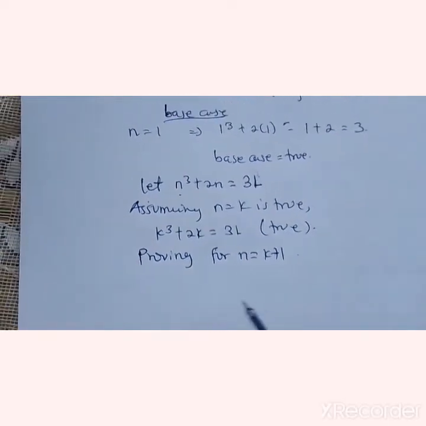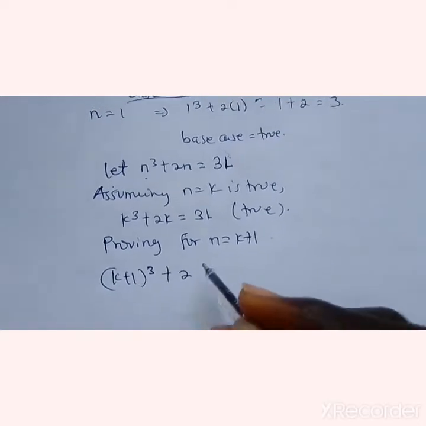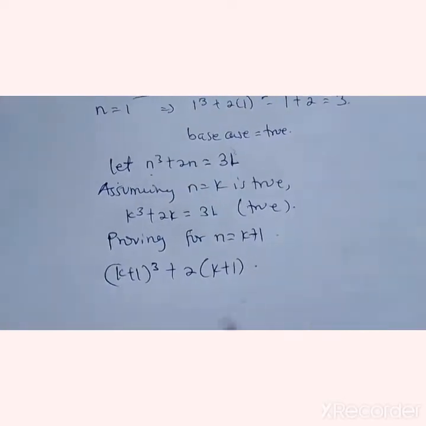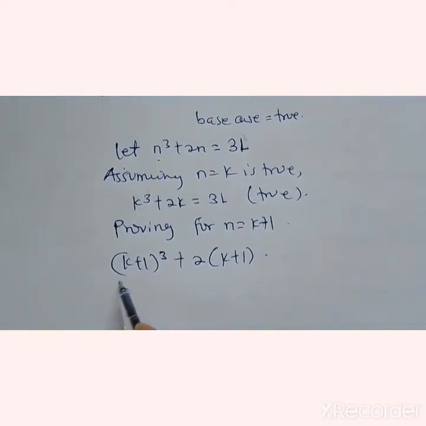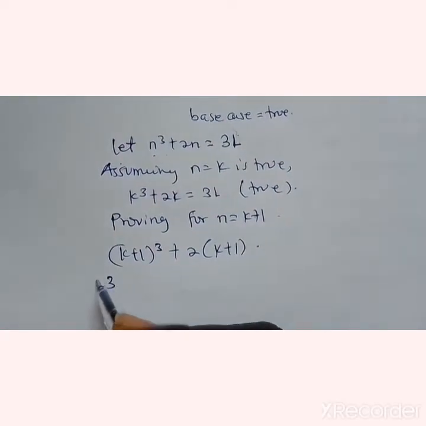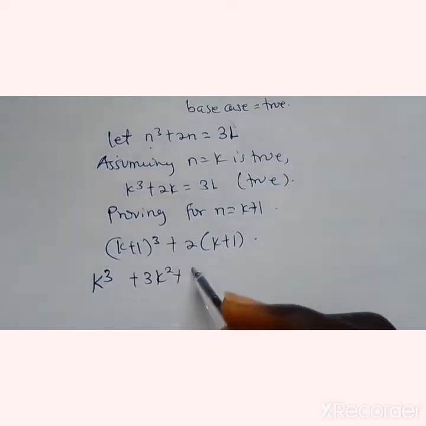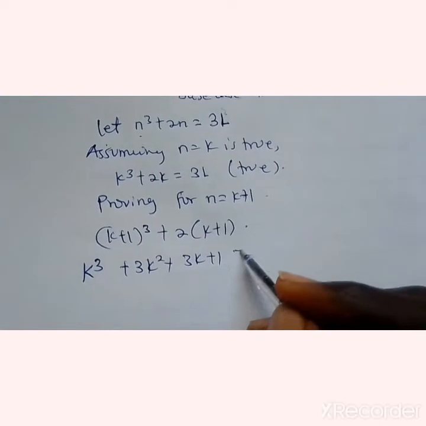Wherever I see n, I put k plus 1. So I have (k plus 1) all cubed plus 2 multiplied by (k plus 1). Here I have a binomial expansion. I get k cubed plus 3k squared plus 3k plus 1.